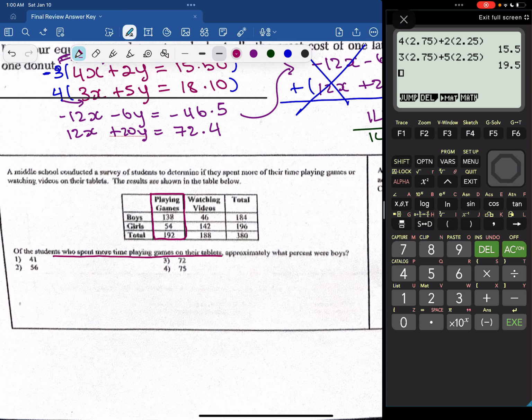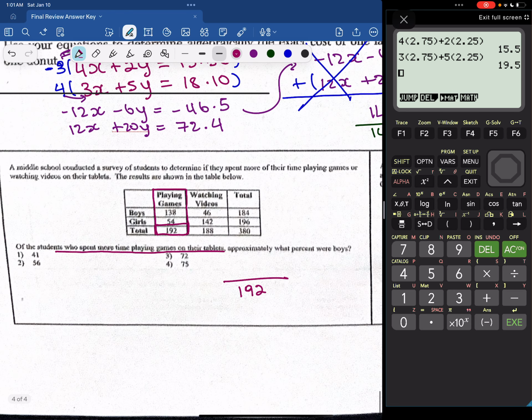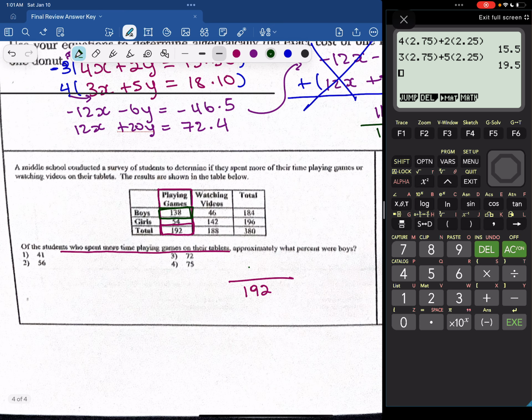So if we're looking at the total number of students that are playing video games, that would be 192, right? That would be our denominator in our work. So that 192 goes on the bottom. Our total always goes on the bottom. And they want to know what percent were boys. So in this column of playing games, there are 138 boys, right? So that number would go in our numerator on top.